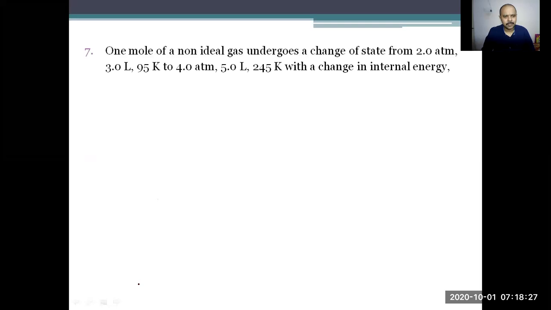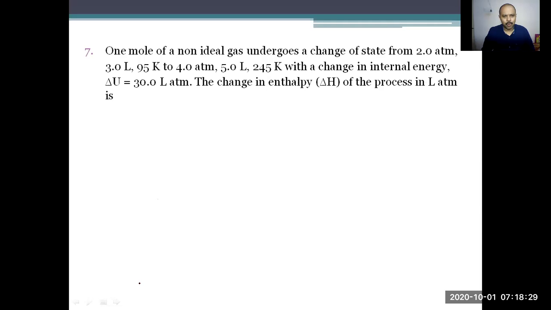Seventh one. 1 mole of a non-ideal gas undergoes a change of state from 2 atmosphere, 3 liter, 95 Kelvin to 4 atmosphere, 5 liter, 245 Kelvin with a change in internal energy delta U equal to 30 liter atmosphere. The change in enthalpy of the process in liter atmosphere is.